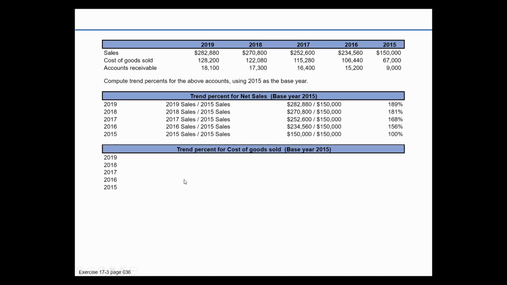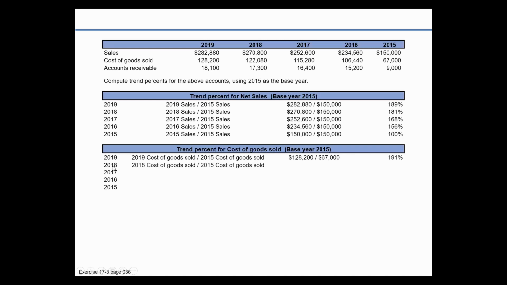So then to figure out the trend percent for the cost of goods sold, you would do very much the same thing, but this time instead of using a number for sales, you're going to use the number for the cost of goods sold. So the 2019 cost of goods sold divided by the 2015 cost of goods sold. So we substitute. So 128,200 divided by 67,000 is 191%.